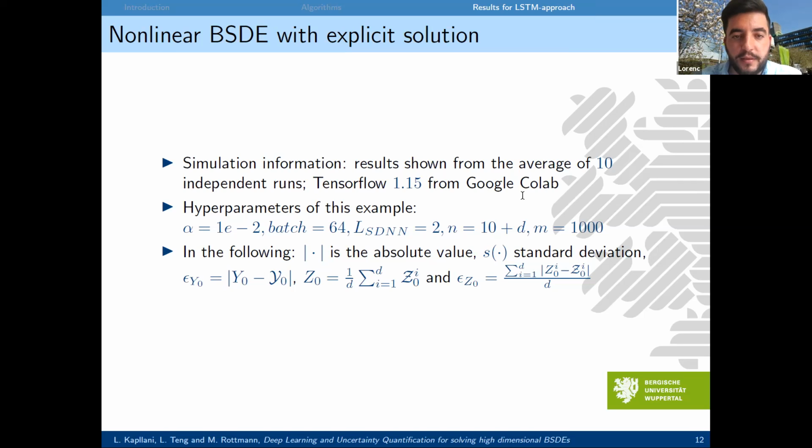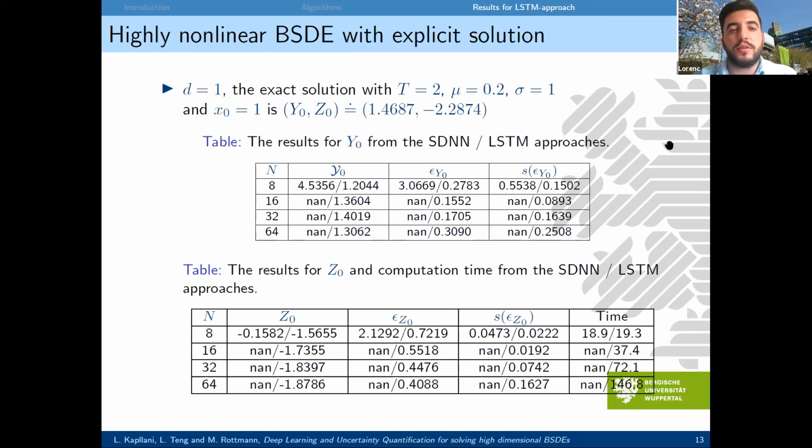So here we consider d equal to 1, the exact solution for maturity 2, and the other parameters are as follows. In the first table, you see the results for the Y process at time 0. In terms of the option, this would be the option price at time 0.